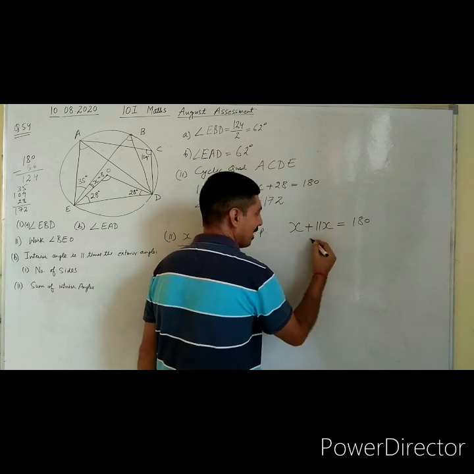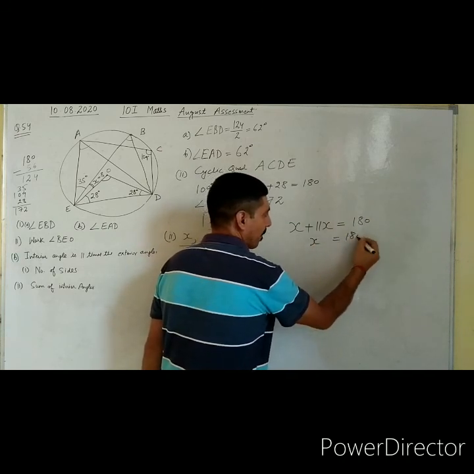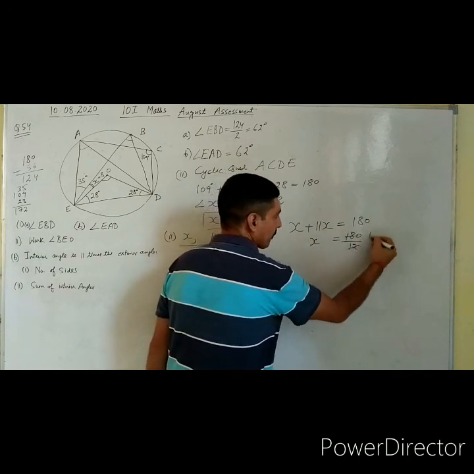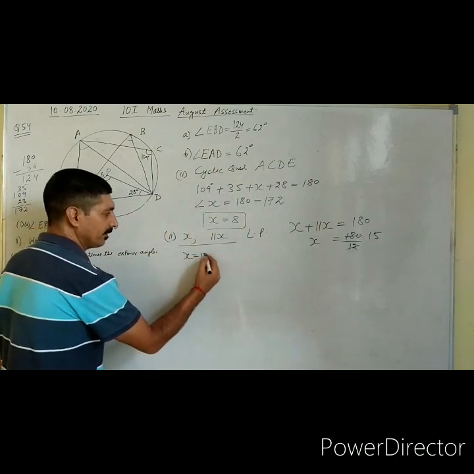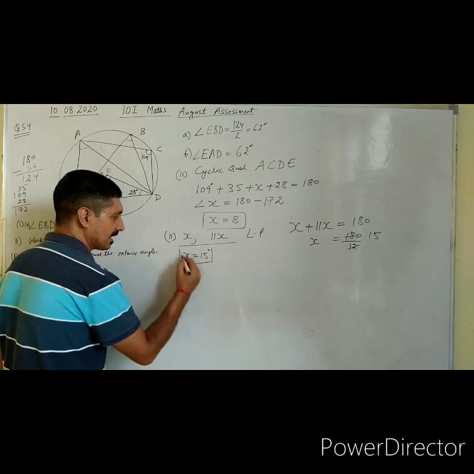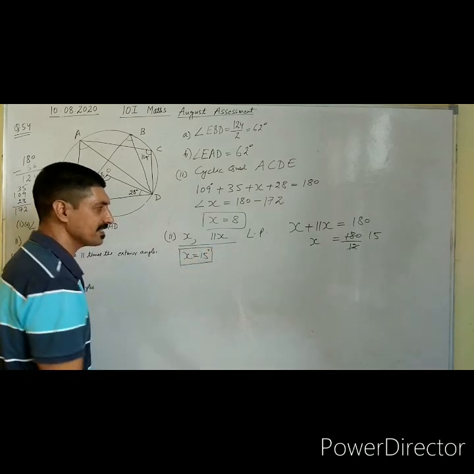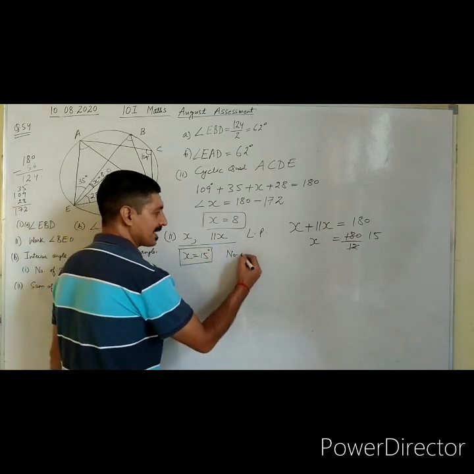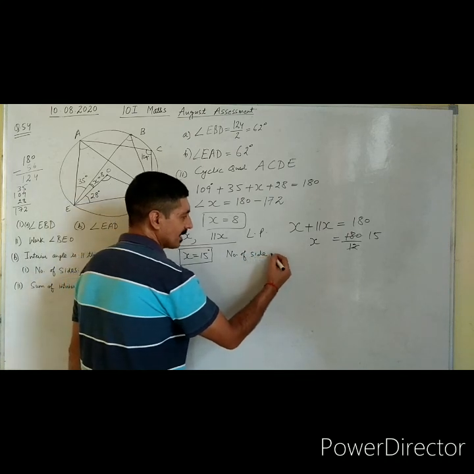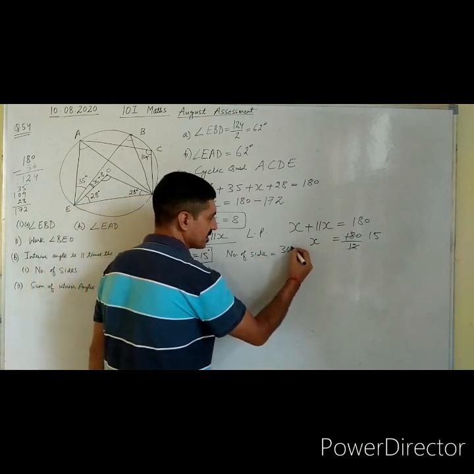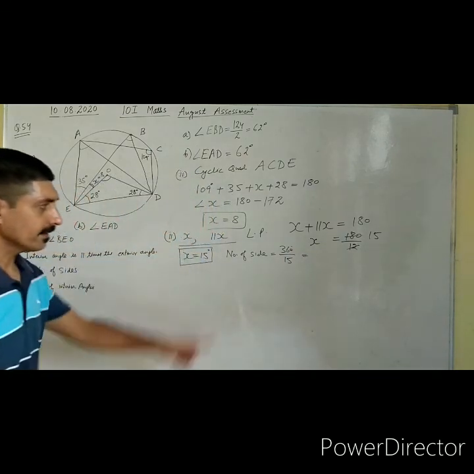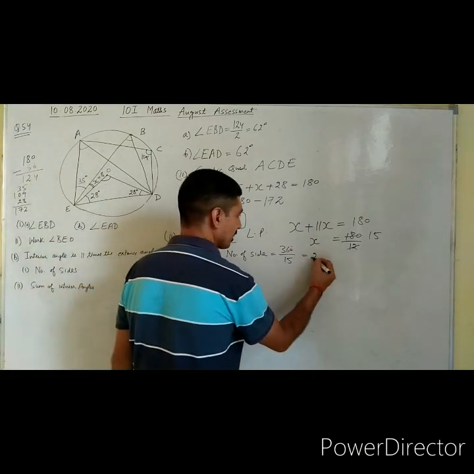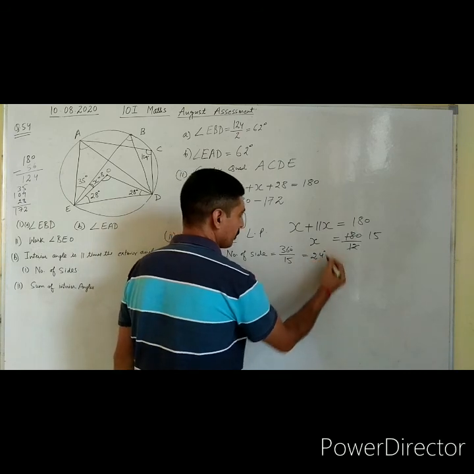So 12x. So the exterior angle of the regular polygon is 15 degrees. So the number of sides is always equal to 360 divided by 15, that is 24.